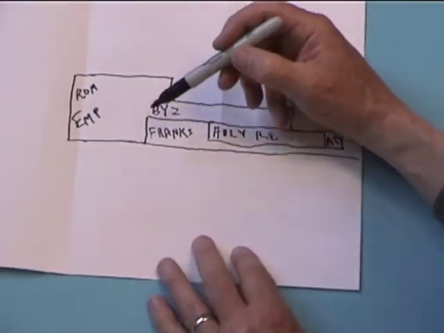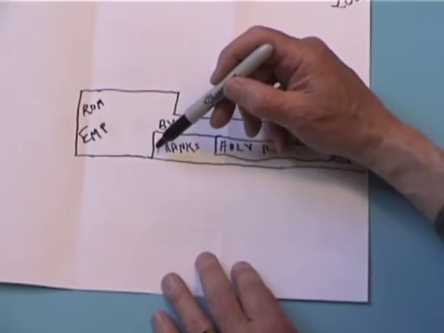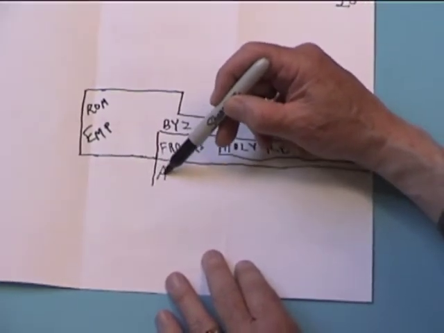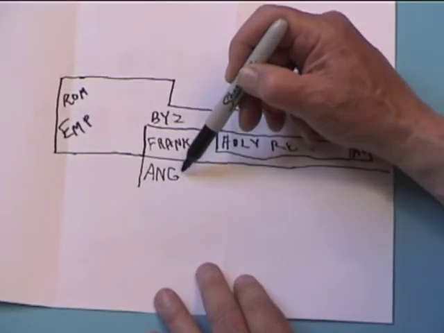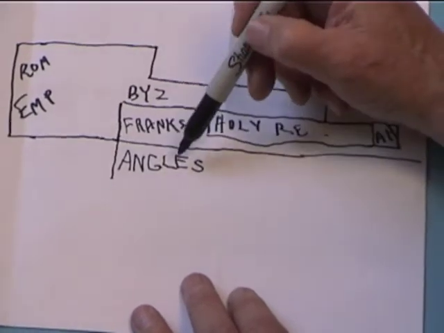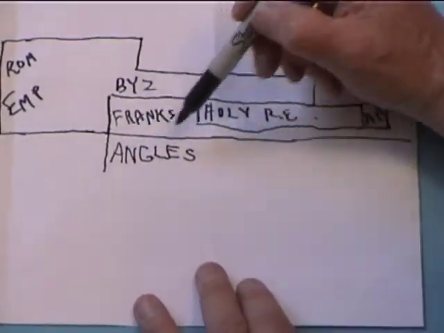If we look at Britain, the Germanic tribes that took over Roman Britain were called the Angles and the Saxons. England is just another way to say Angle land.